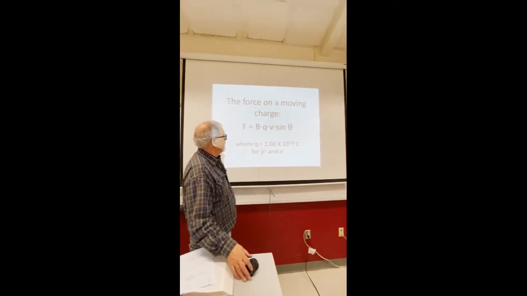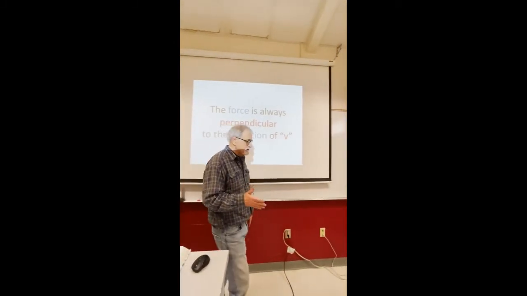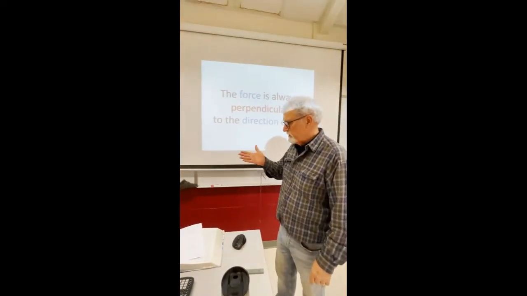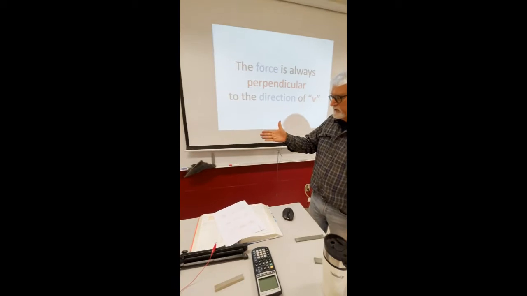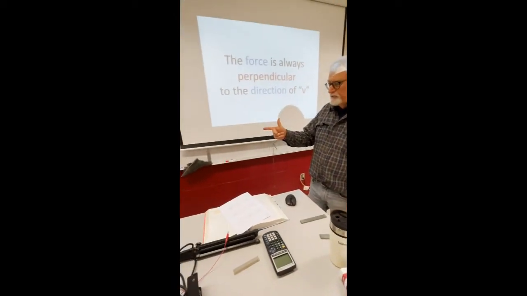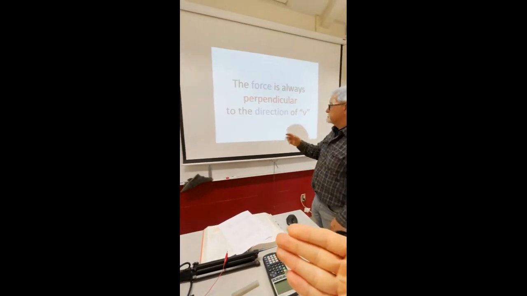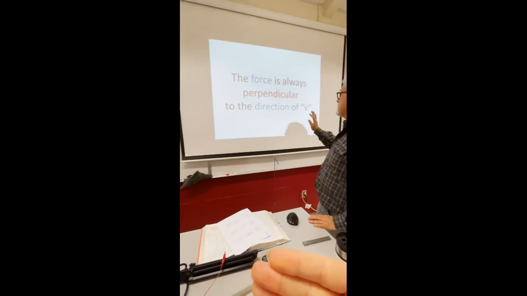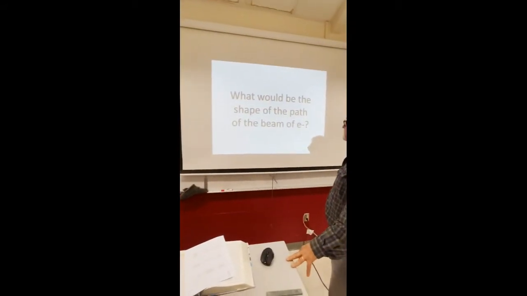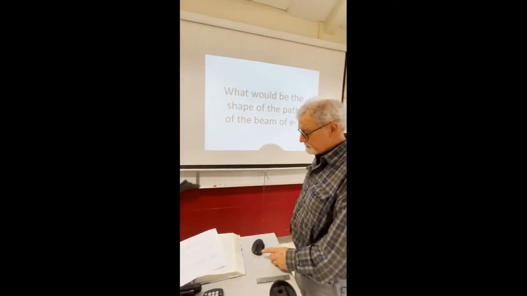So the force is always perpendicular to the direction of the velocity. The hand rules still work: the direction of the field, the direction of the velocity, and the third is the force, all perpendicular. So what would be the shape of the path of an electron beam?